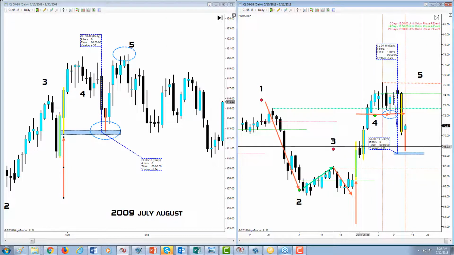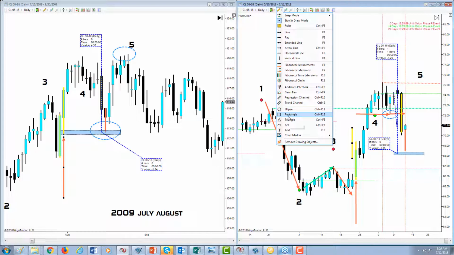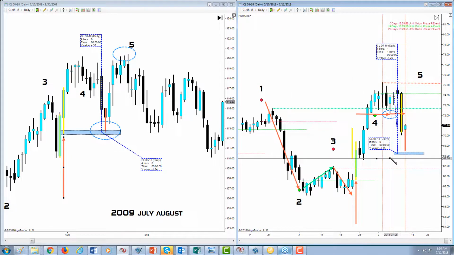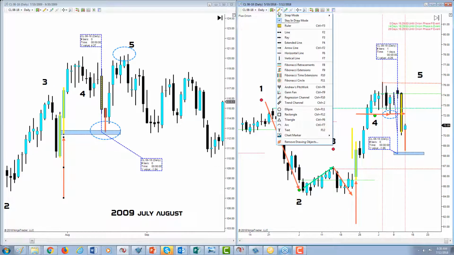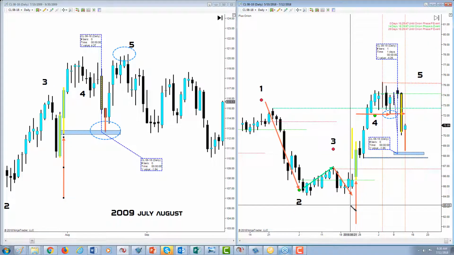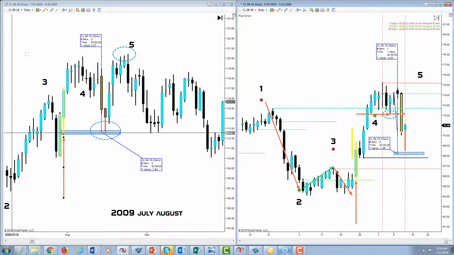On this side, the low of the second bullish candle is sort of in this area. There it is right there. We're kind of honing in on an area here, which I like.